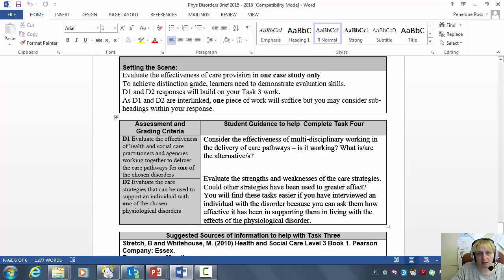The first thing to note is that the command verb at the beginning of each one of these distinction grades is the word evaluate. So you know then that you've got to look at the pros and cons or the strengths and weaknesses, and so make sure that you've evaluated.